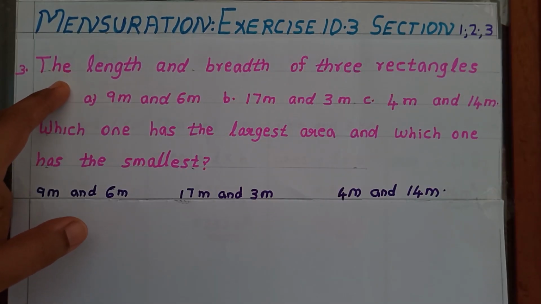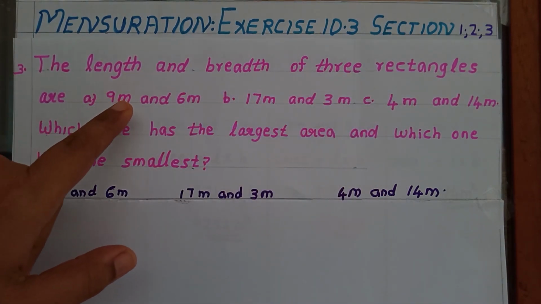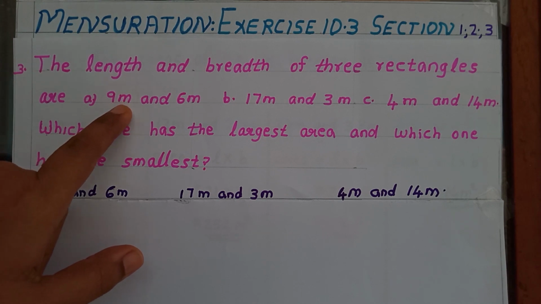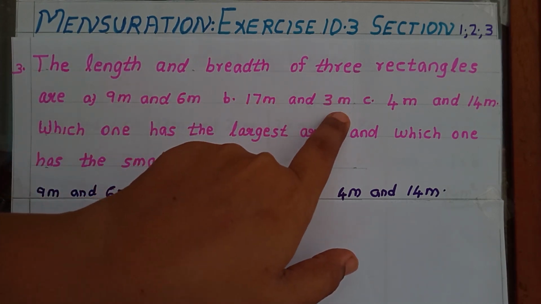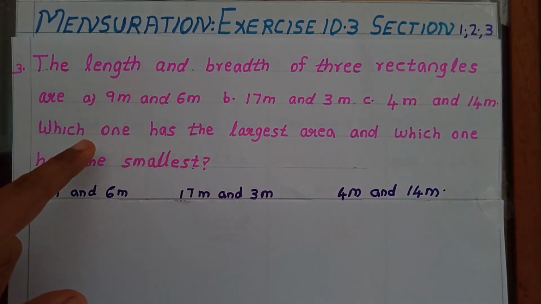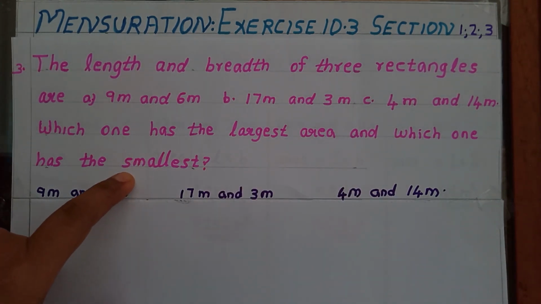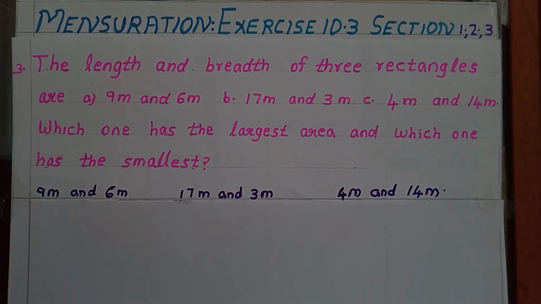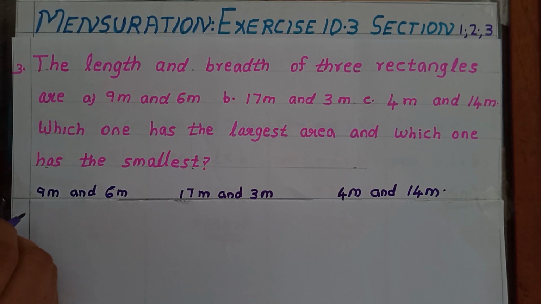Question number 3 says that the length and breadth of these rectangles are: first rectangle's length is 9 meter, 6 meter. For the second rectangle, 17 meter and 3 meter. For the third one, 4 meter and 14 meter. Which one has the largest area and which one has the smallest area? So I have written the length and breadth of each rectangle like this, and below that we can find the areas.